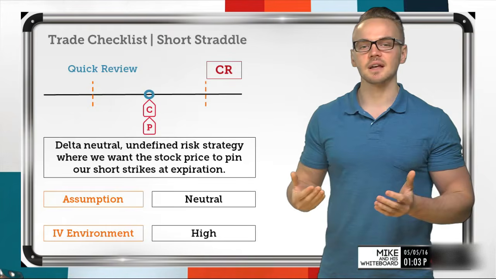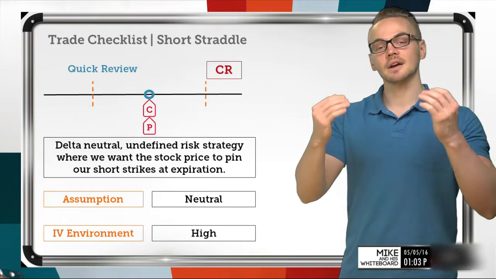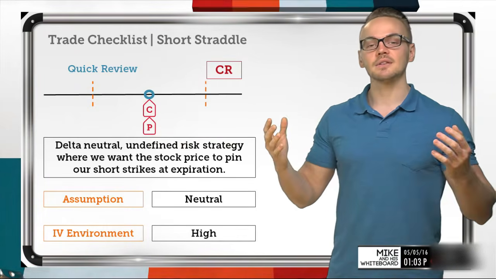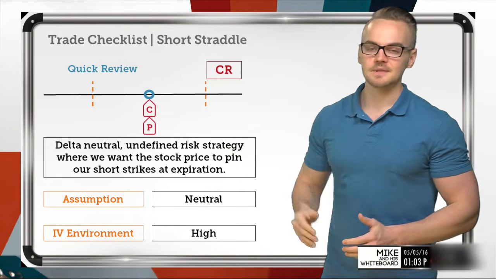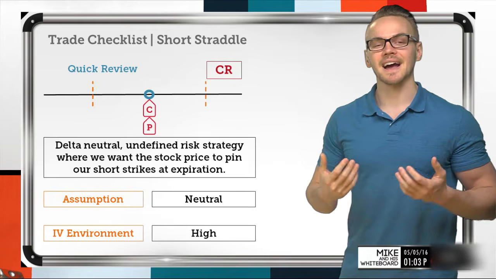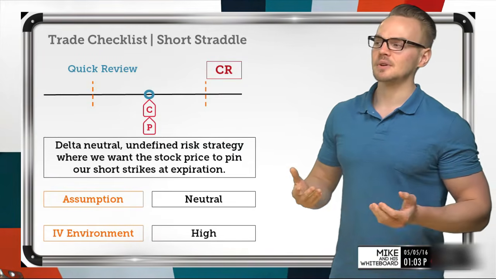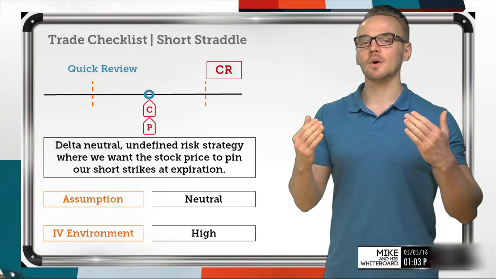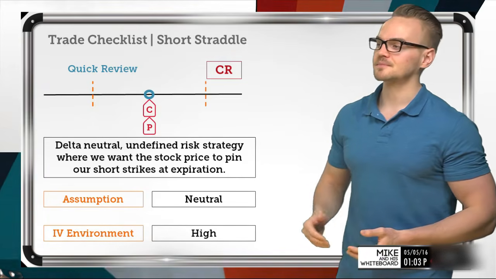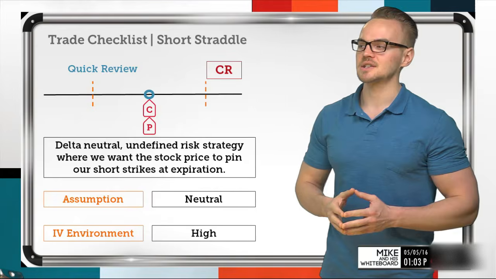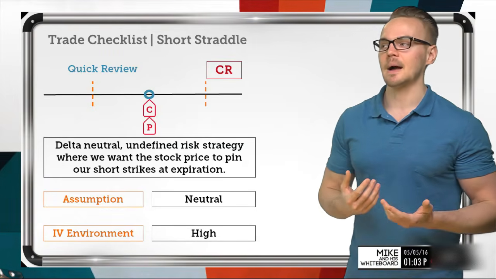One of the big inputs is the option's price, so the higher an option's price is, the higher the implied volatility will be. When we're looking at selling options, of course, we want to be doing this in a high IV environment, because that means we're going to be able to collect a lot more than if we were to sell this strategy in a low volatility environment. So again, we want to be deploying this strategy in a high IV environment.